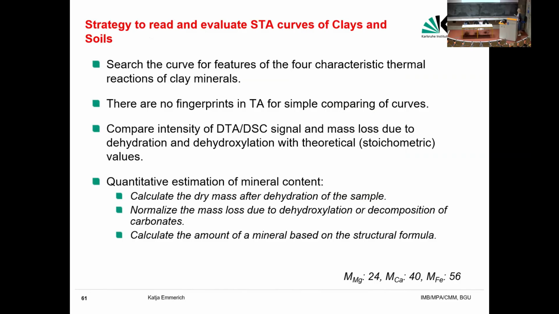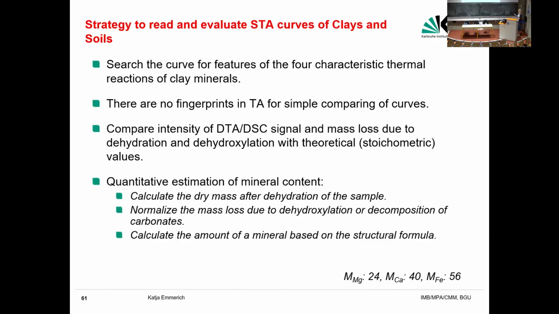Okay, and this slide gives you a strategy for how to read the curves of thermal analysis. You search for the 4 characteristic thermal reactions of the clay minerals. You cannot really compare the curves I showed you today with your measurements. Sometimes it could work, but very often you really have to read your own curves or your own measurements.